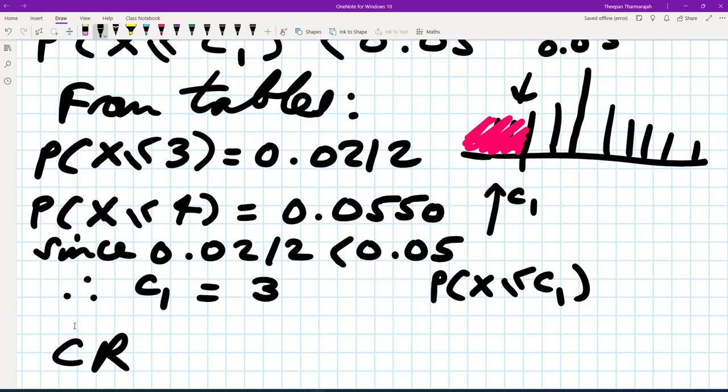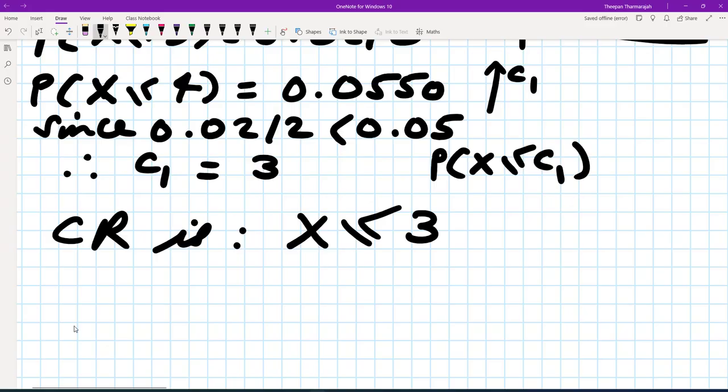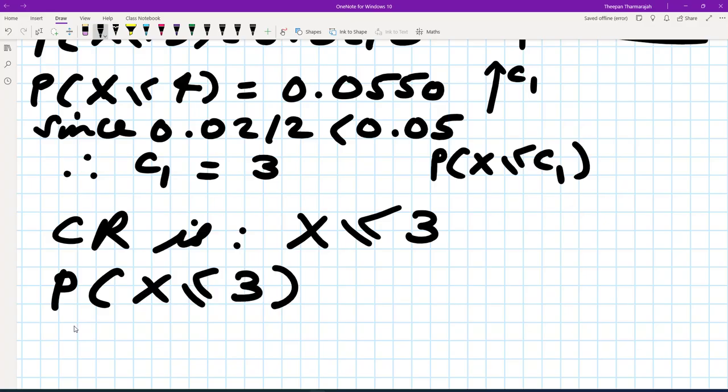So the critical region required is that x is less than or equal to 3. So the probability of x being less than or equal to 3 is 0.0212.